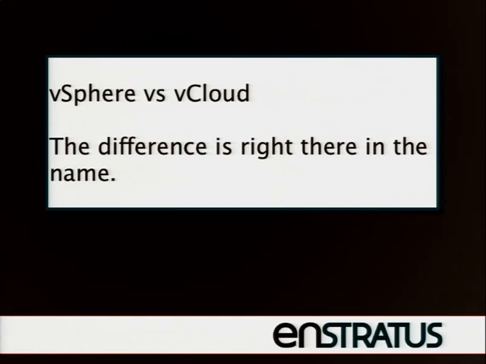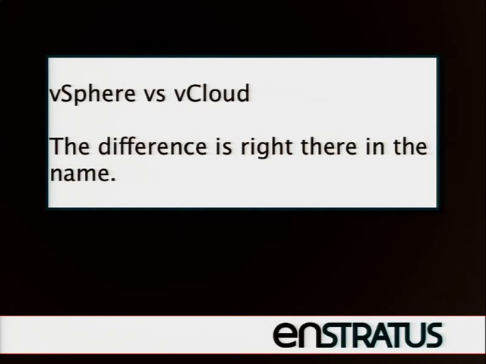So both JClouds and Dasein Cloud obviously talk to vCloud, and Dasein Cloud does it specifically because JClouds does it. And then Dasein also talks to vSphere, and one of the more difficult things is coming to an understanding of what the difference between vSphere and vCloud is.